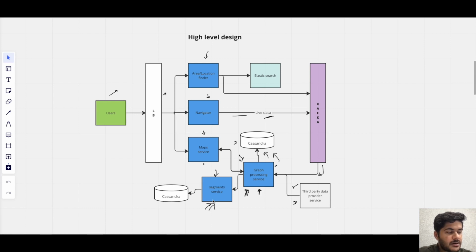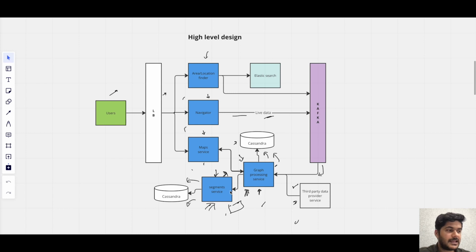And when you give it a source and destination and ask for the route over these segments, this guy will be able to give you the segment info, right? And this obviously has the segment data, so it needs a separate database to store all that segment information.